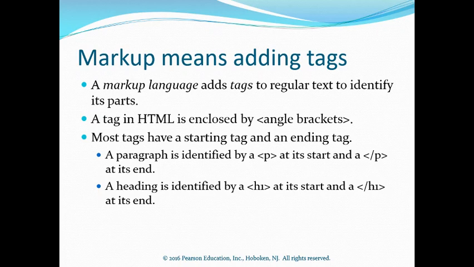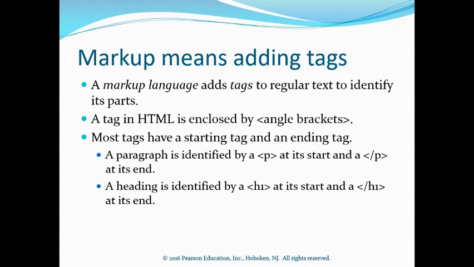Markup means adding tags. A markup language adds tags to regular text to identify its parts. A tag in HTML is enclosed by angle brackets, or less than symbol, greater than symbol, whatever you want to call them. Most tags have a starting tag and an ending tag. A paragraph is identified by a P at its start and a less than, backslash P at its end.